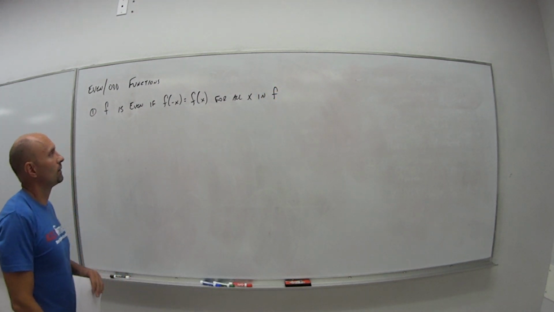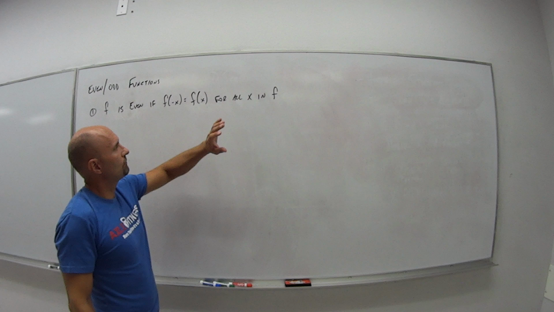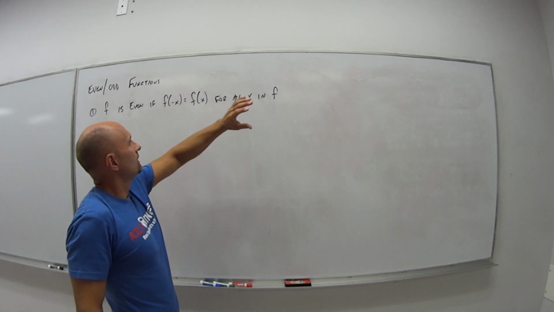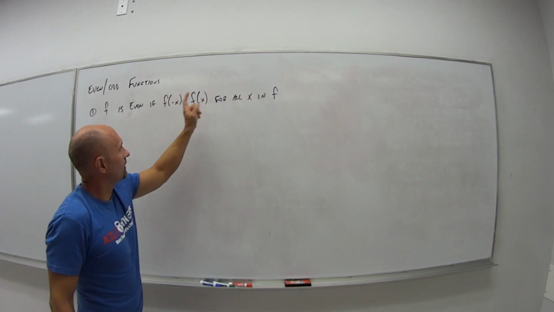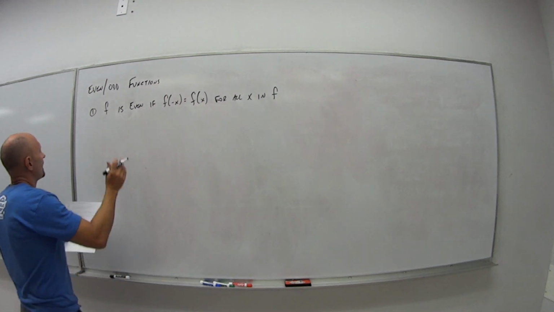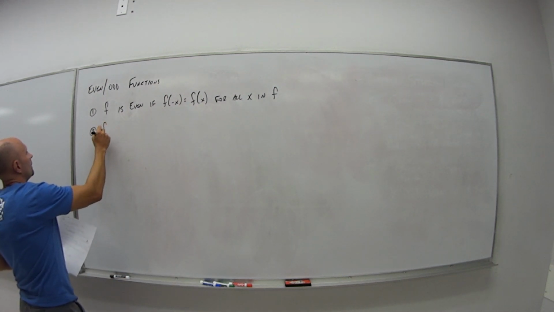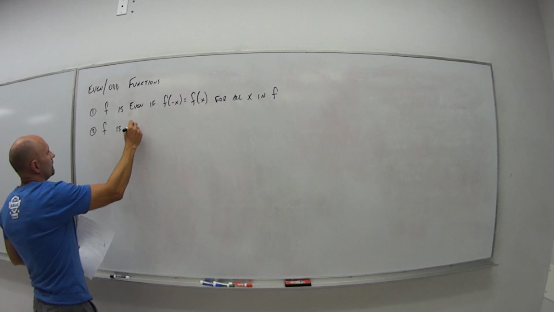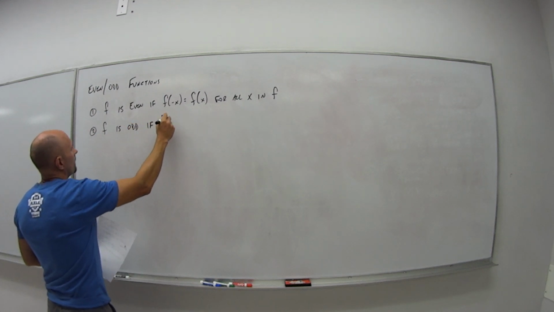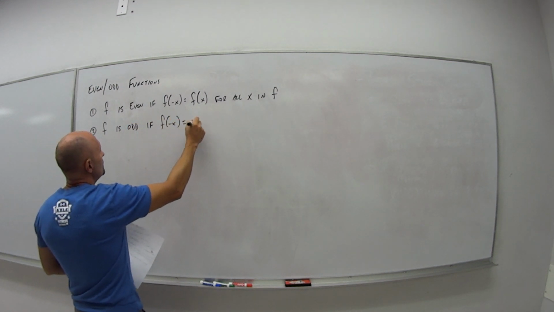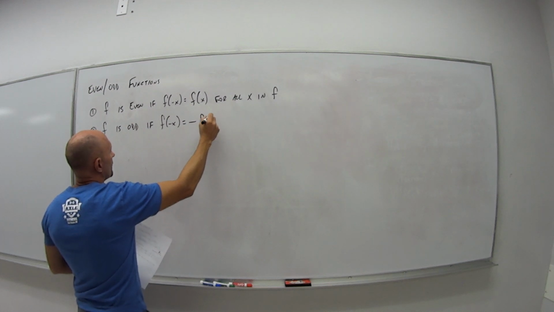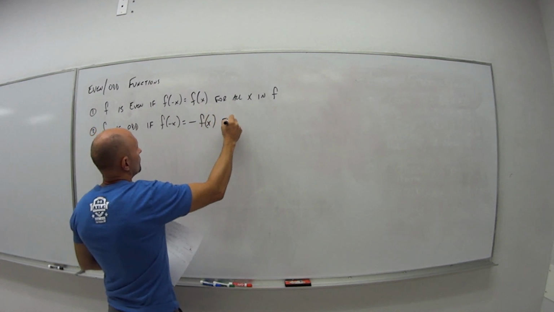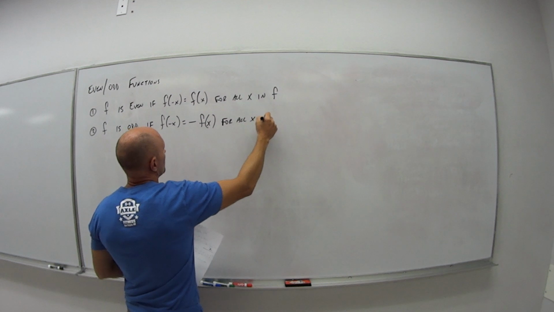What in the world are we talking about there? So if we have our domain of f, if we plug in negative x, it gives us the same function back. And we'll see some examples here. And f is odd if f of minus x is equal to negative f of x for all x in f.